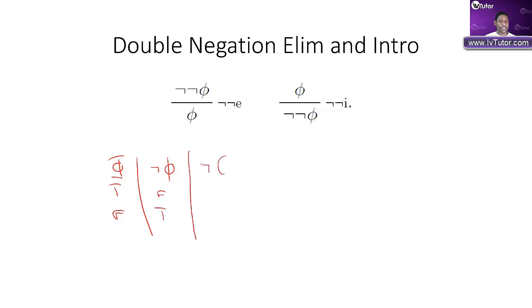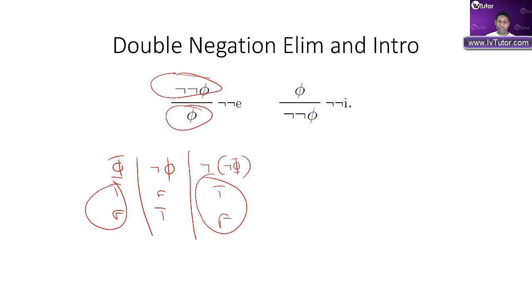If you negate not phi, you have true, false. So this becomes equivalent to that. The double negation of a statement is equivalent to that statement in terms of truth value. We call that double negation elimination. And the statement is equivalent to its double negation, so that's double negation introduction.